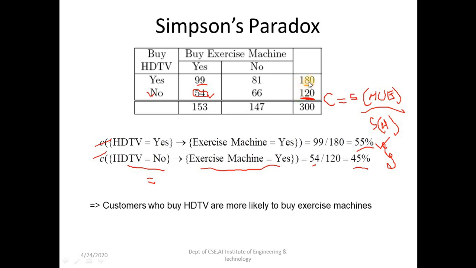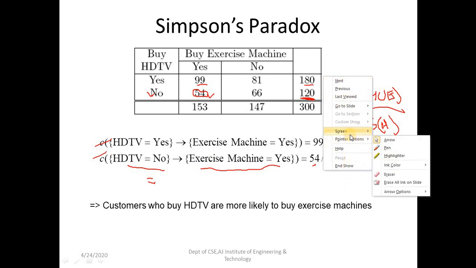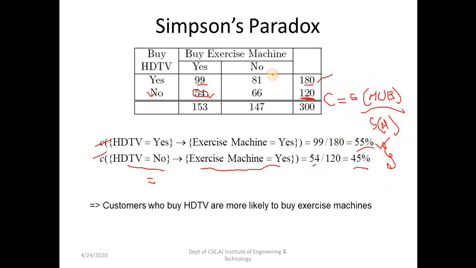This row sum indicates the total frequency count of HDTV is equal to yes, and this is the total frequency count of HDTV is equal to no. Now this is the column sum: this is the total frequency count of exercise machine is equal to yes, and this is the total frequency count of exercise machine is equal to no. So these are the row sums and these are the column sums.